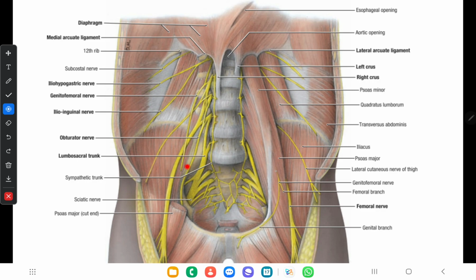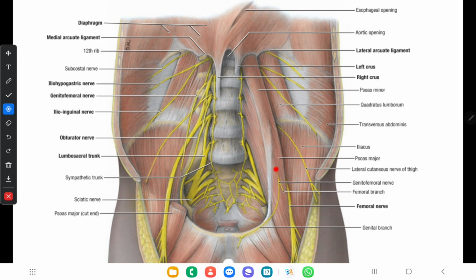Then you have the genitofemoral nerve, which emerges from the anterior surface of the psoas major muscle, and it runs downward in front of the muscle.